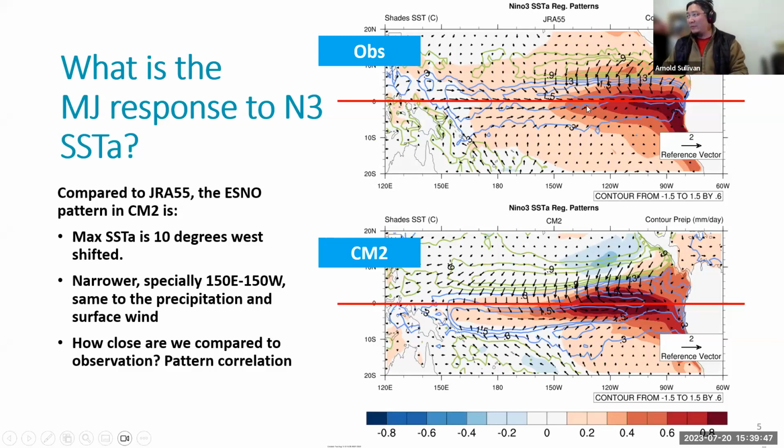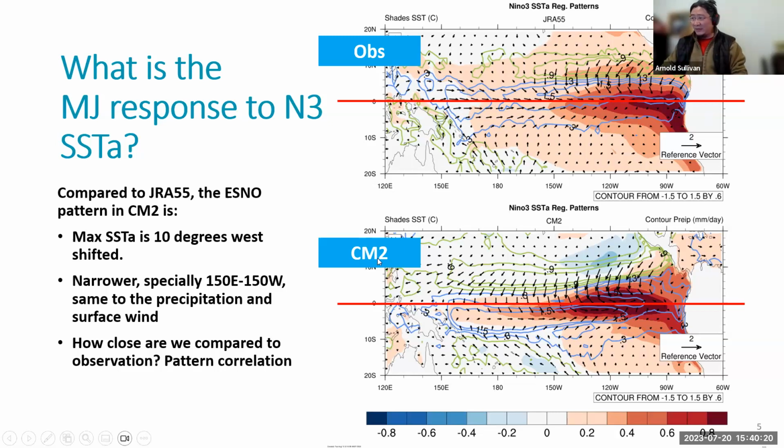If you're standing at the NINO3 region, you can see from the observation that everything is regressed onto the NINO3 SST. So you can see everything is confined along the equator with warming in the Eastern Pacific, and the precipitation is also confined along 10 south to 10 north, pretty wide, and then the zonal wind is also along the equator. The width is probably from 5 south to 5 north.